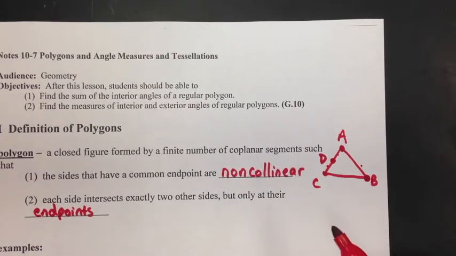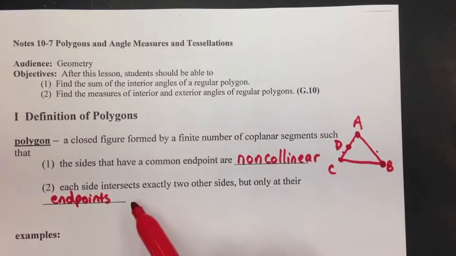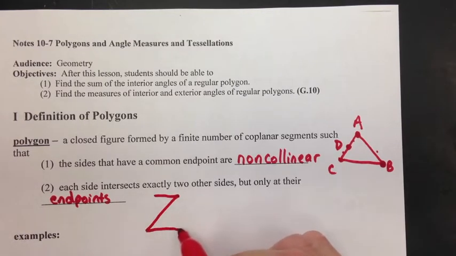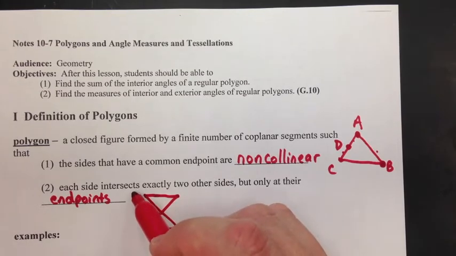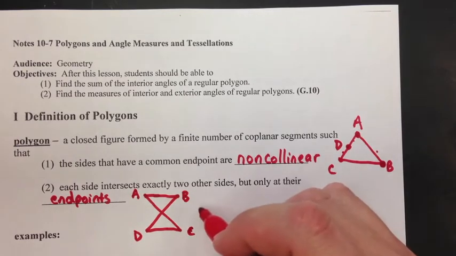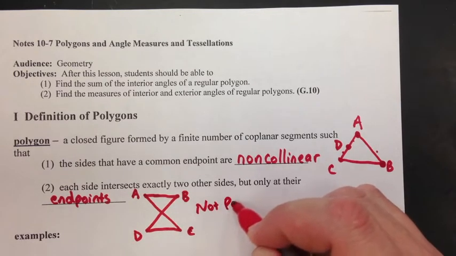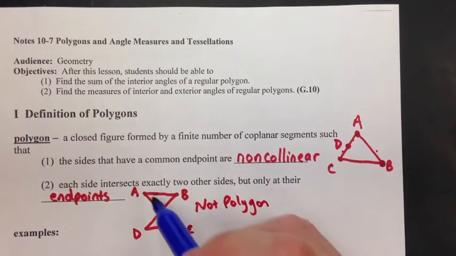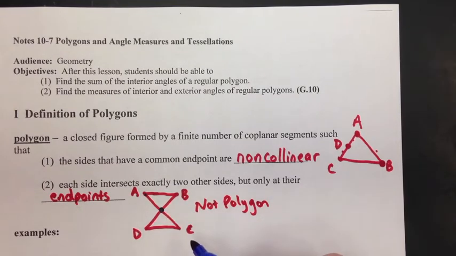Okay, and the second part of the definition is that each side intersects exactly two other sides, but only at their endpoints. If I take a figure such as this, and again I'll call it ABCD, I cannot call this a quadrilateral. This is not a polygon. Why? Because two of the sides, AC and BD, meet at a different place.